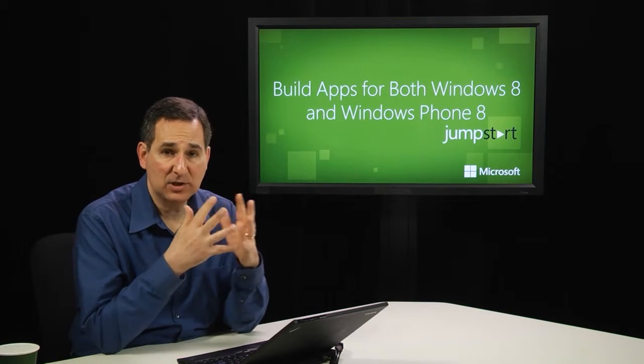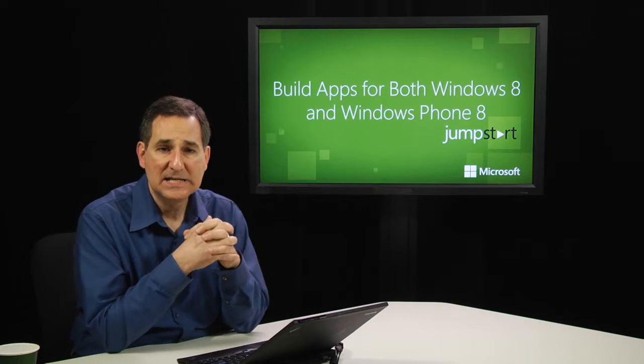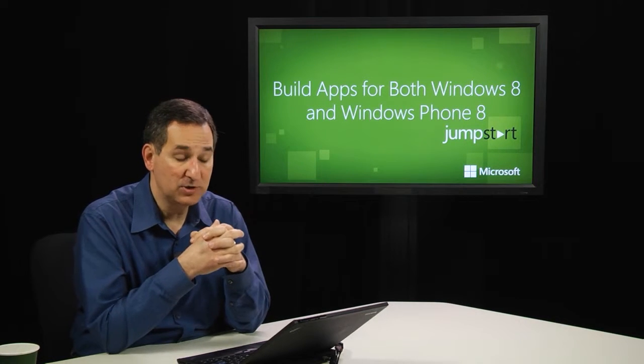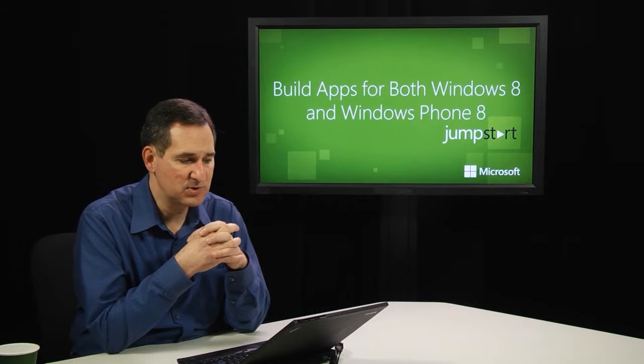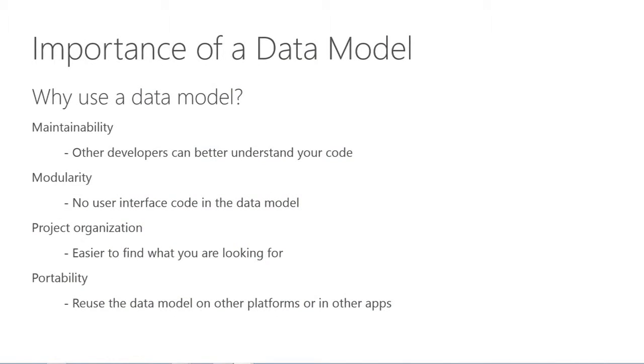First of all, I certainly encourage you, if you're not already doing that, to group all of your data, or your data access, into a data model, so that it makes it easier to understand and structure your code. It makes it more modular, easier to debug and test, and easier to find what you're looking for.